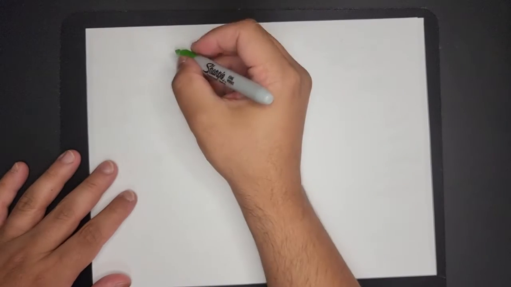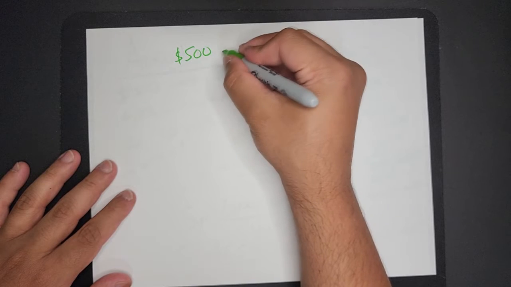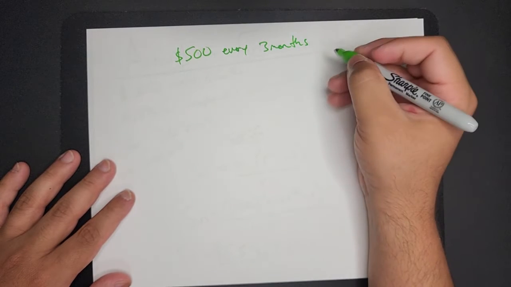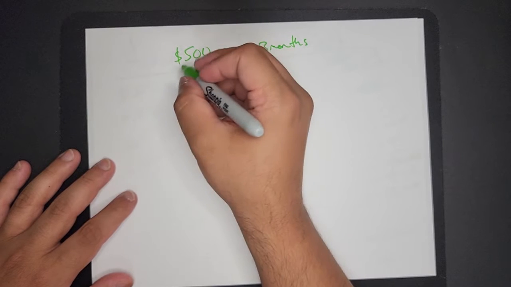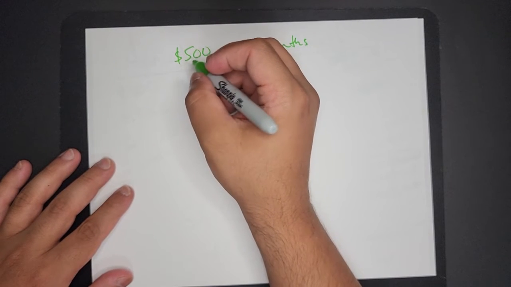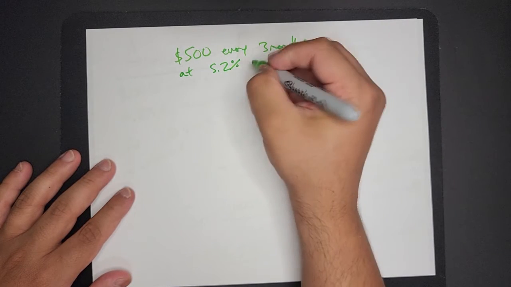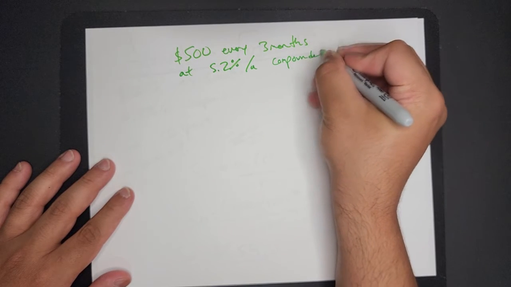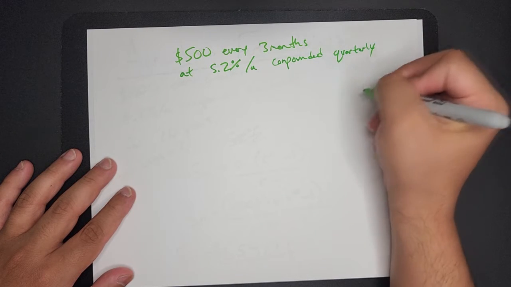Let's say we have somebody who puts away $500 every 3 months into an investment, the annuity at 5.2% per annum, compounded quarterly.